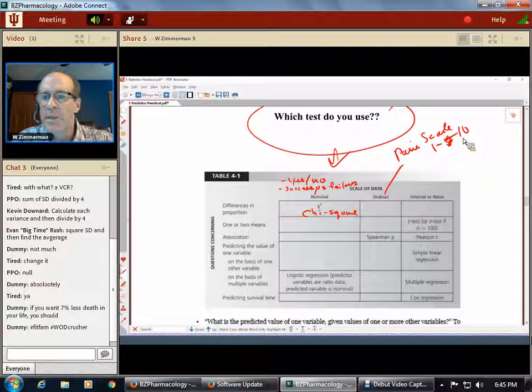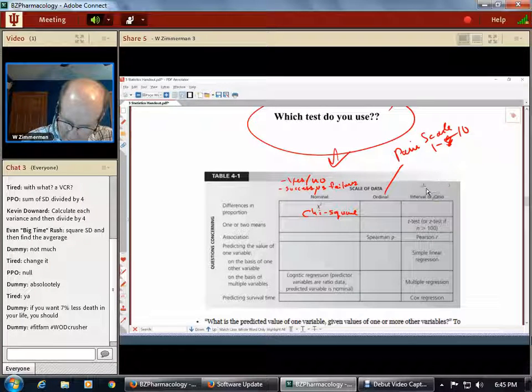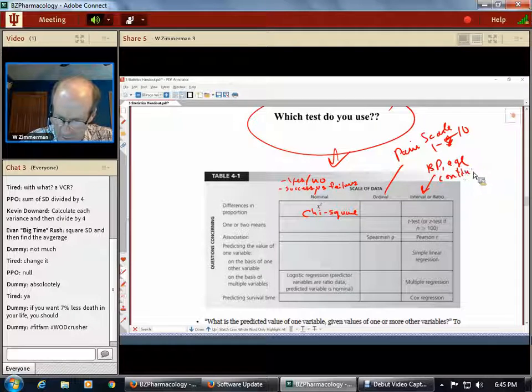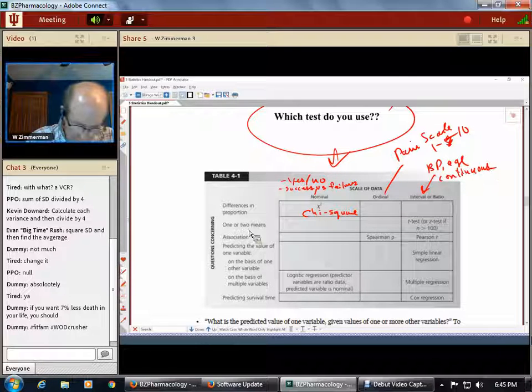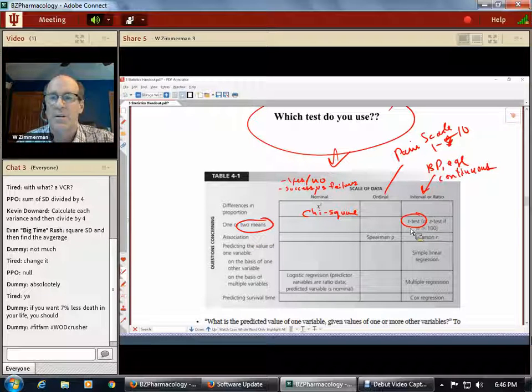And then when it's interval or ratio data, now we're talking about things like blood pressure, age, something that's continuous. So if you've got 2 means, it's a t-test. Treatment versus control, you use a t-test.